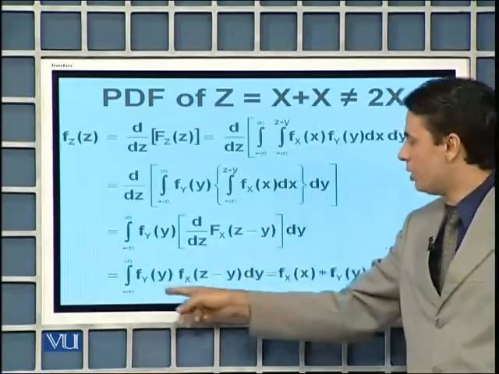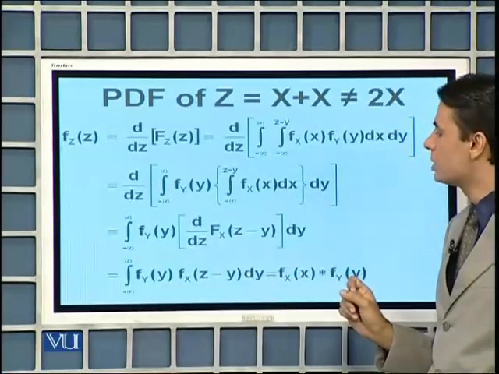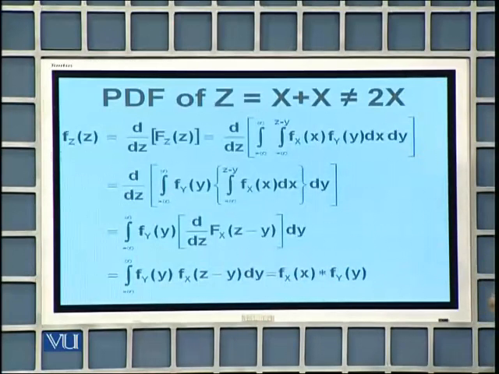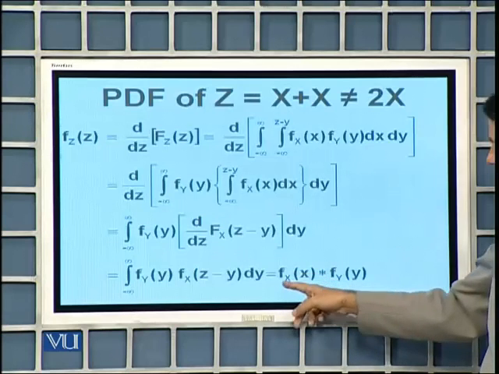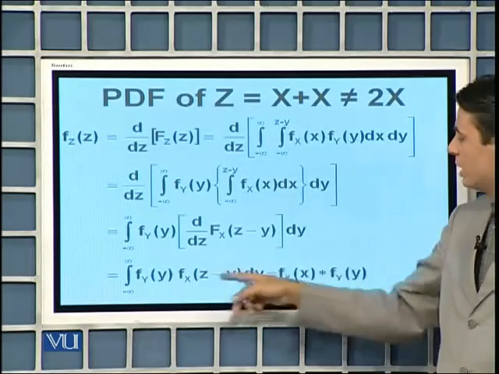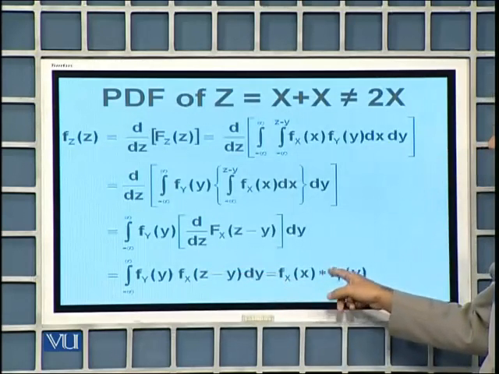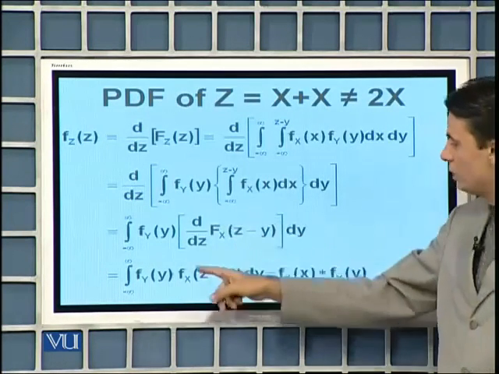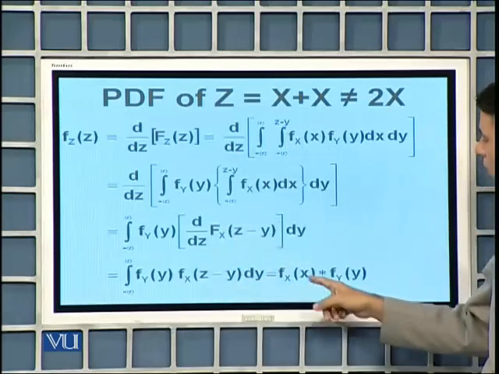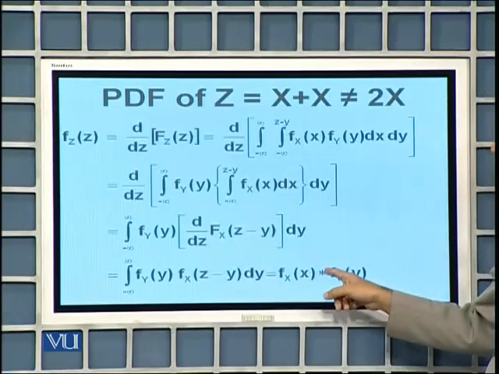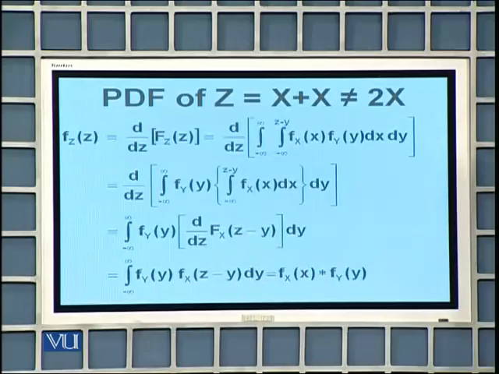This integral on the last line is also called the convolution integral, and it is represented by the two PDFs involved in the integration and a star in between the two PDFs. So this convolution integration is denoted by PDF of x star PDF of y.